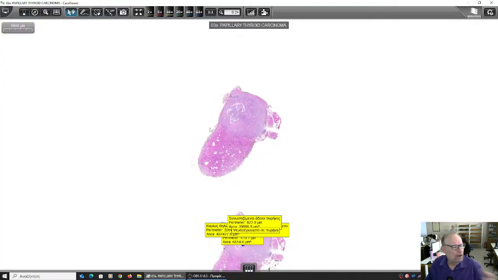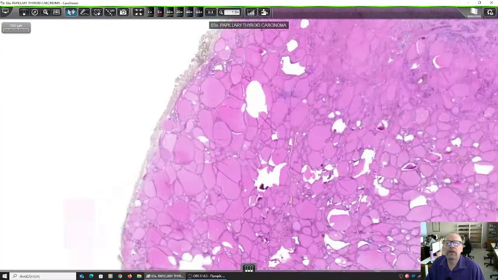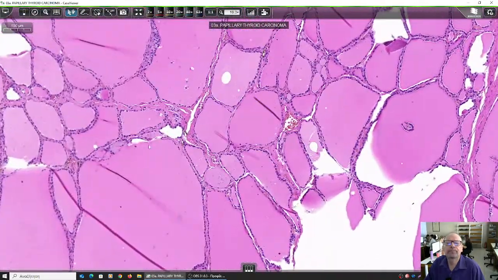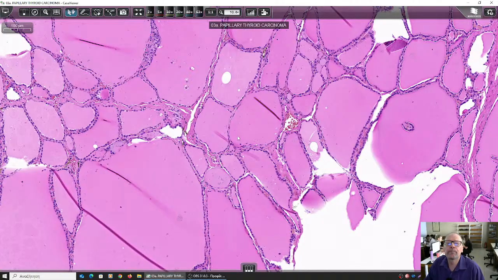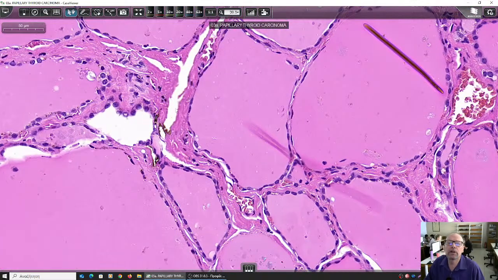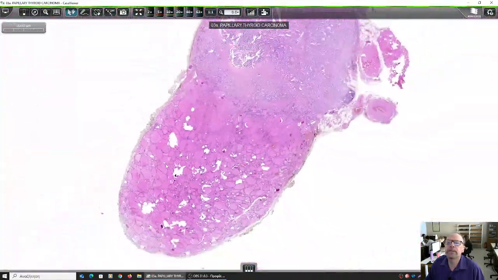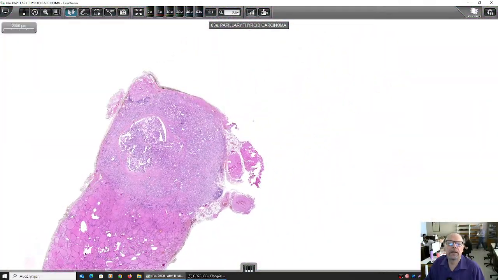This is papillary thyroid carcinoma; despite its regional metastasis, it does not make the prognosis poor. So here is normal thyroid parenchyma. These are normal follicles with totally normal nuclei, and this is the lesion.